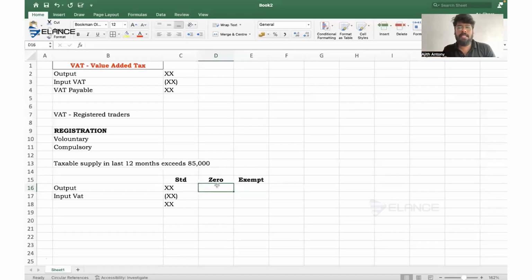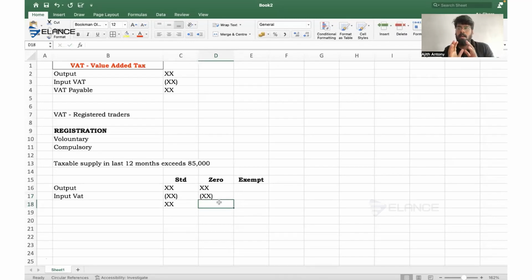Under the zero rated supply, we cannot collect the output VAT from our customers. And if any input VAT was already incurred to make that zero rated supply, I can reclaim that input VAT from HMRC.